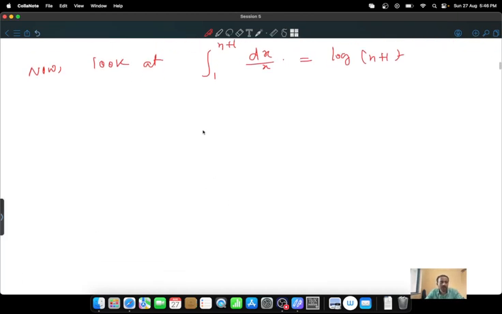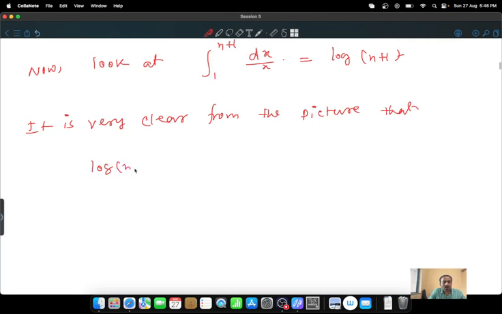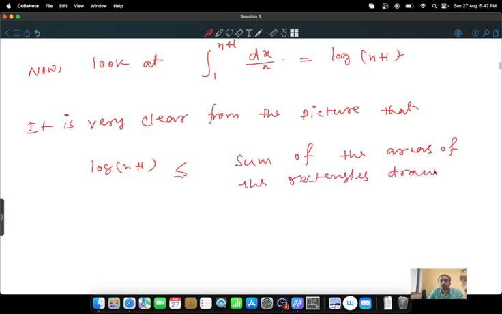And it is very clear from the picture that log of n plus 1, the area under the graph, is less than or equal to the sum of the areas of the rectangles drawn above.